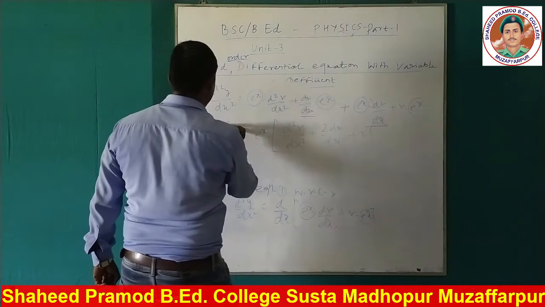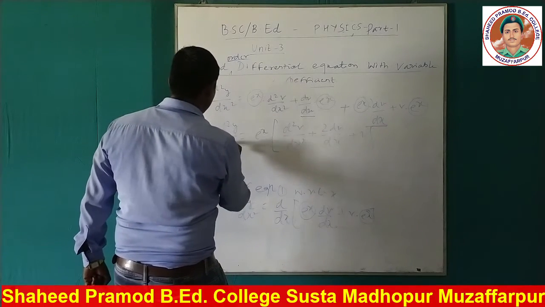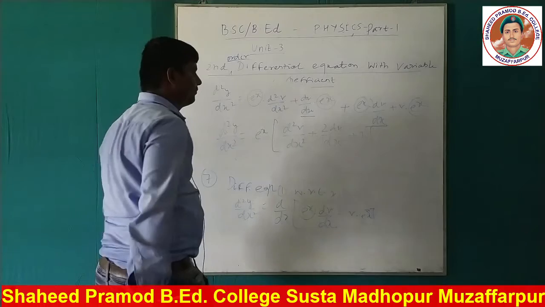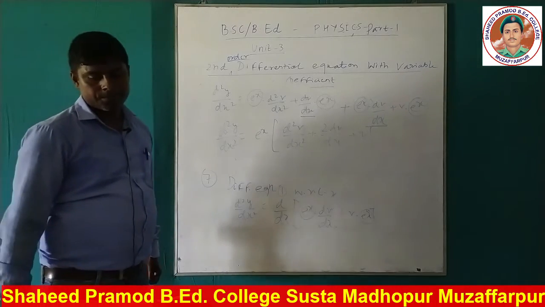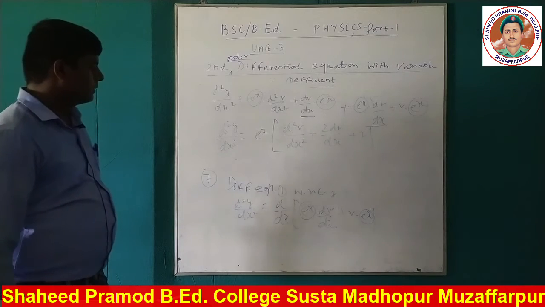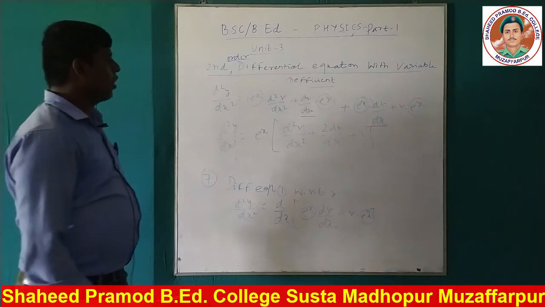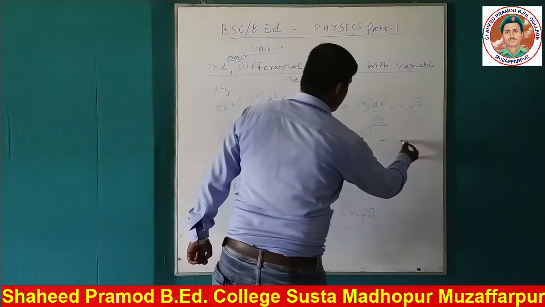This is d2y upon dx square. Okay, now you have got this equation, that is equation number 6.